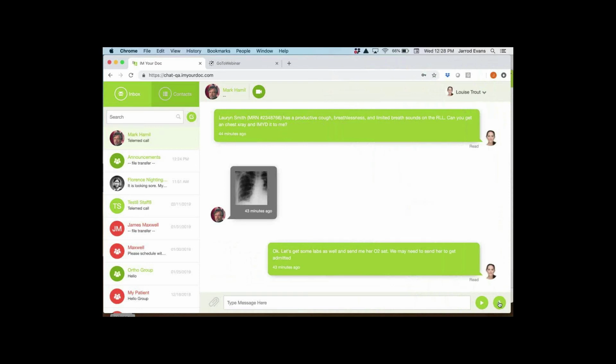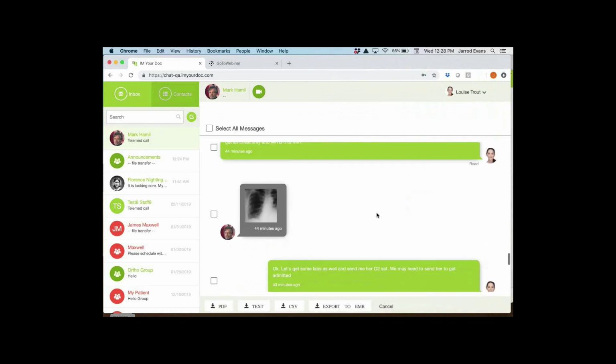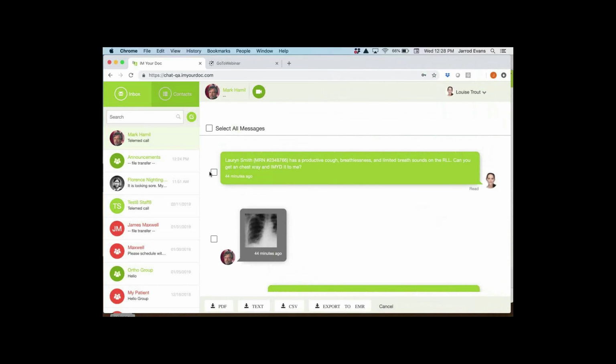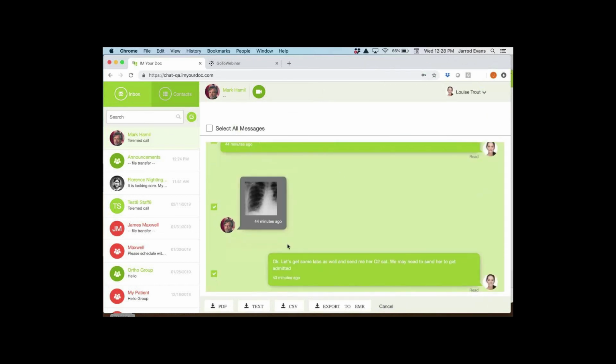In any of those cases, if you have that EHR platform, you can actually select this clinical conversation as an example that you want to get into the chart and export it to EMR. So if you do not have one of those EHR platforms, you can still move this clinical conversation into the chart by exporting it as a PDF and attaching it to the chart. So either way will work in terms of integration.